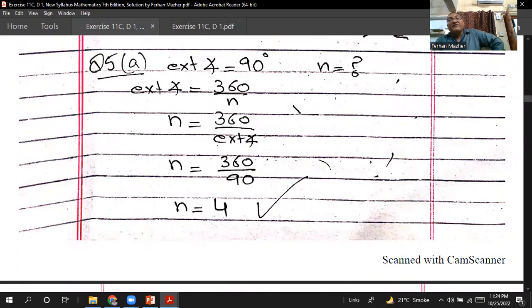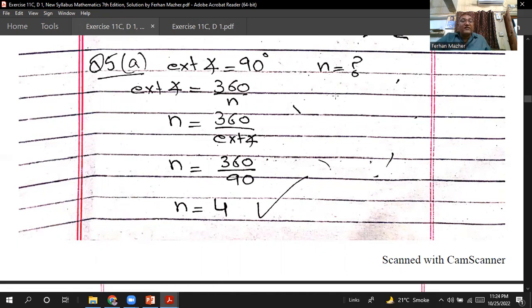You know that the sum of the external angles, no matter what the shape is, is always 360. In the case of a regular polygon, the single external angle will be equal to 360 divided by n. So n is the question. So n will be equal to 360 divided by the external angle. So n will be equal to 360 divided by 90, and n will be 4.